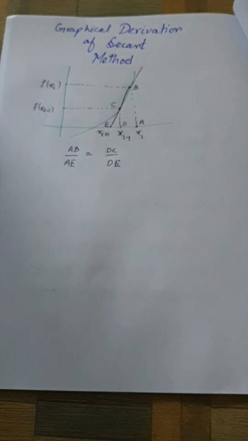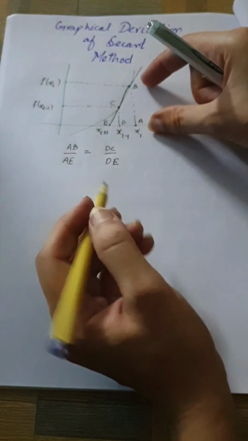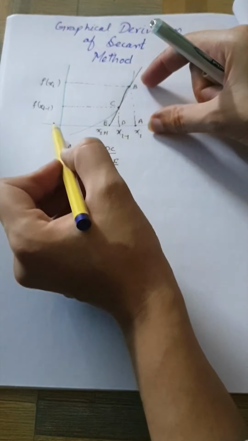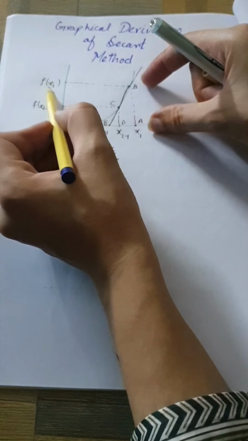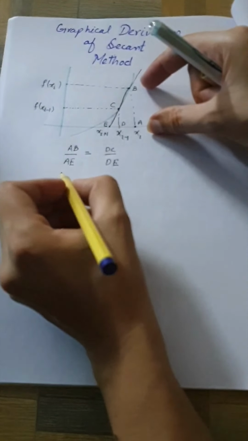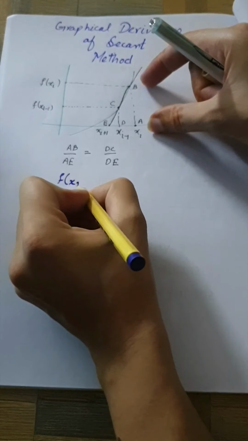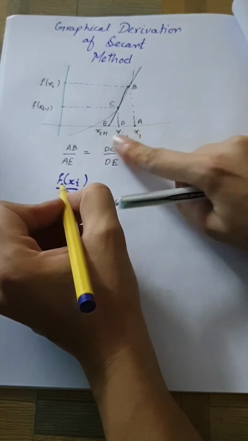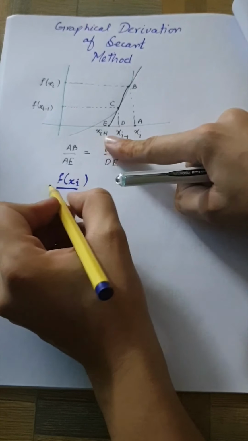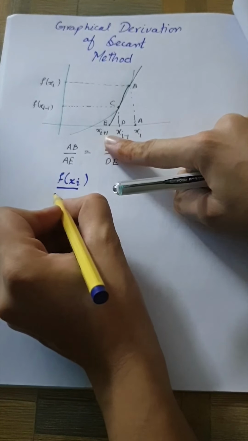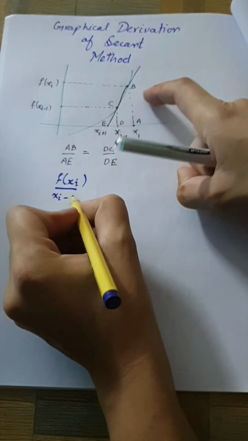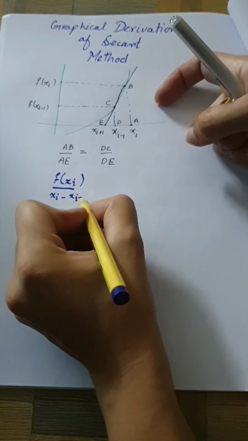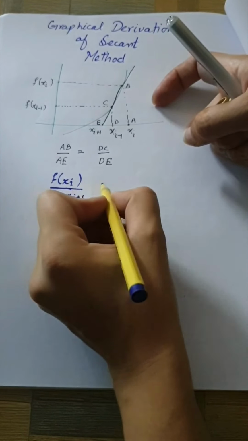Alright, so AB is actually the y intercept, and this is denoted by f of x of i over here. So I will write it as f of x of i, while AE is actually the difference between the points x of i minus x of i plus 1.